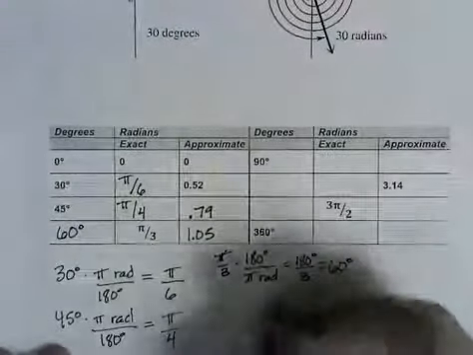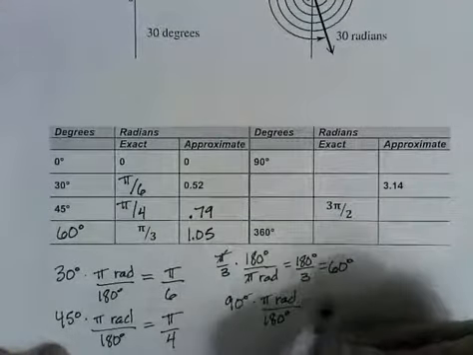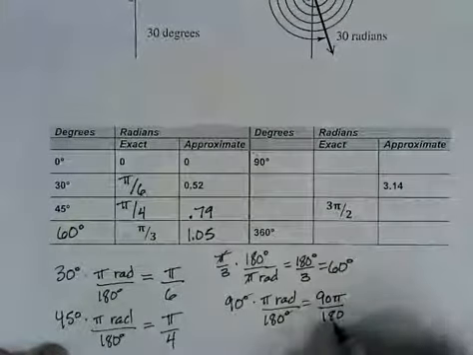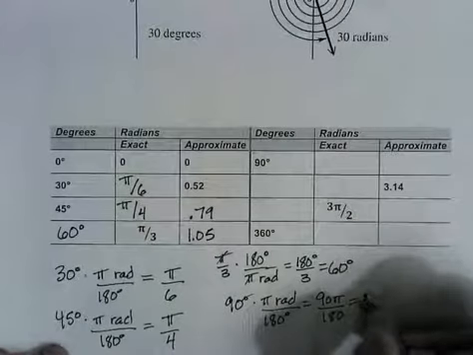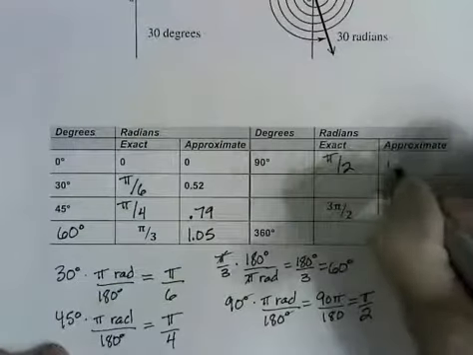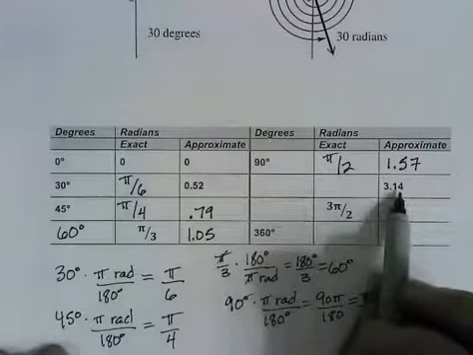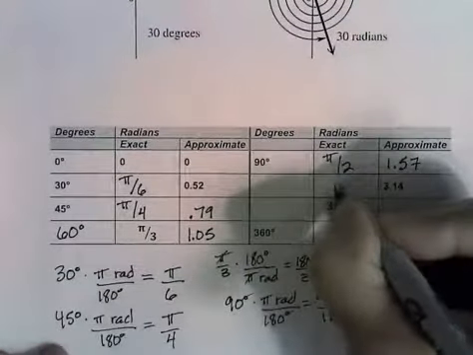For 90 degrees, if we convert that to radians, we end up with 90 pi over 180. You can cancel out 90, and this ends up being the same as pi over 2. And an approximate value for that one would be 1.57. This one down here, an approximate value of 3.14, well, that's an approximation for pi.